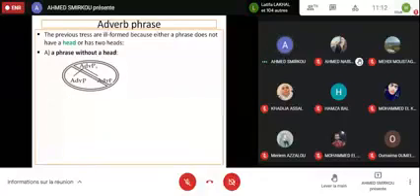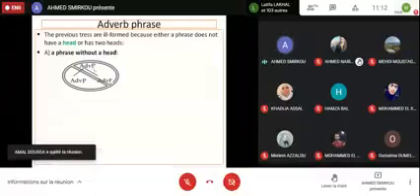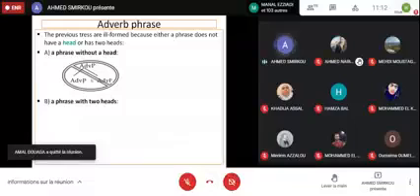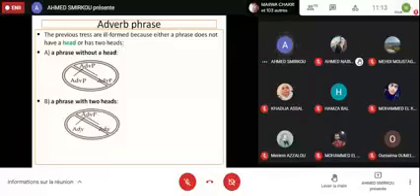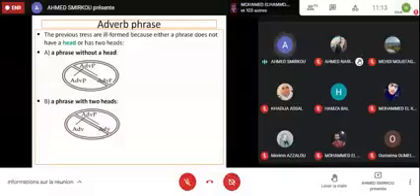And then a phrase with two heads: both can be considered heads because any lexical category has the chance to head the phrase. So here is a verb phrase with verb, adverb. Which one is the head? We don't know. But if we add the phrase here, we know the head is this one. Clear?